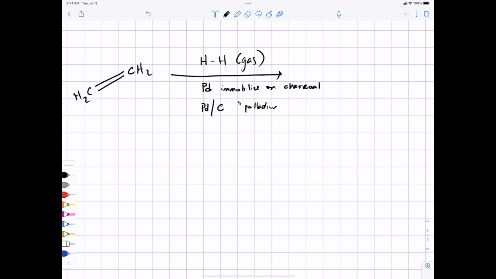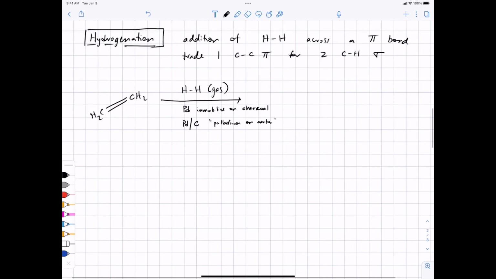And you can buy this from various chemical companies. And what happens is you reduce the alkene or the olefin all the way to the alkane.